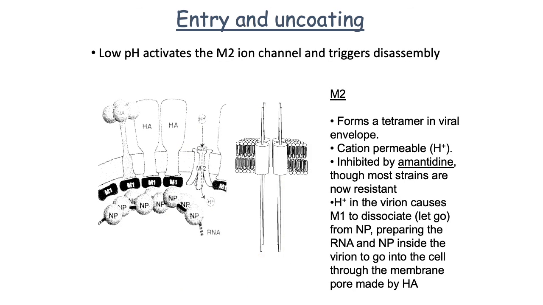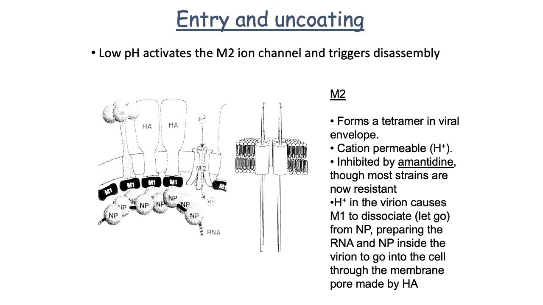Okay, and so last little bit is that low pH is going to be necessary, and it's going to act as a sensor that makes the M1 protein on the inside let go of the nucleoprotein and RNA to get ready for fusion. So this is going to be like the maturation process of HIV, or like what the E protein did for coronavirus.